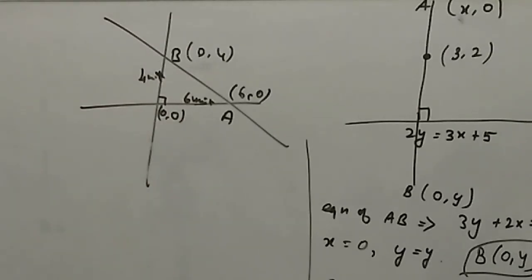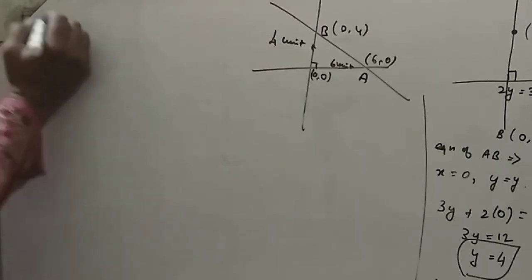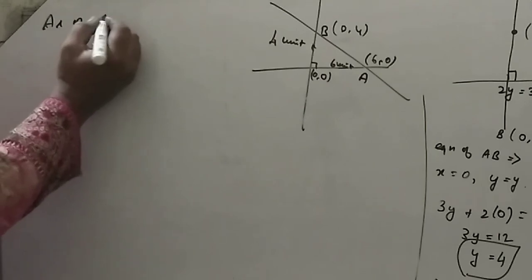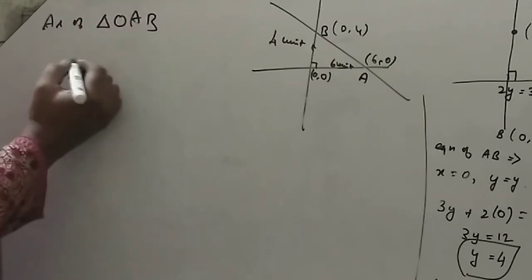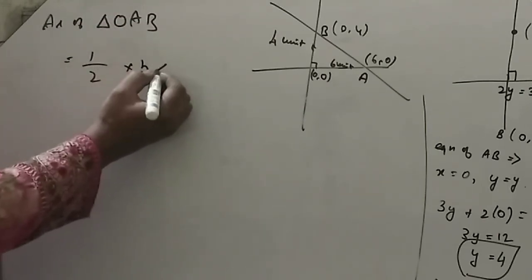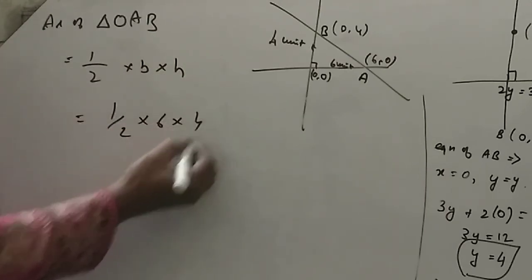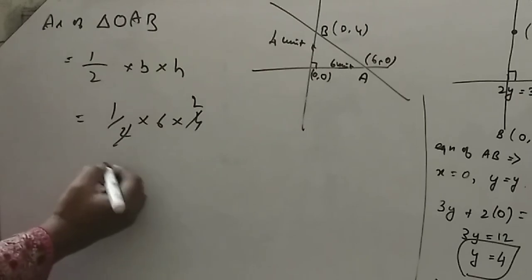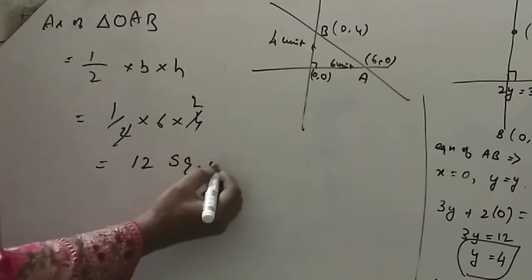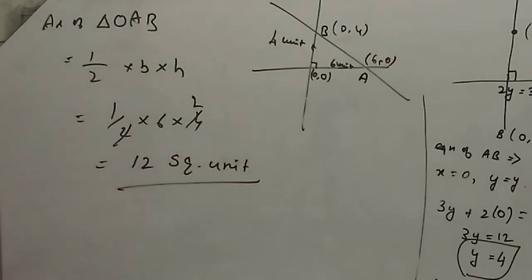Area of triangle OAB is equal to half into base into height. So half into 6 into 4, cancel it, you will get 12 square units. Area of triangle OAB is equal to 12 square units.